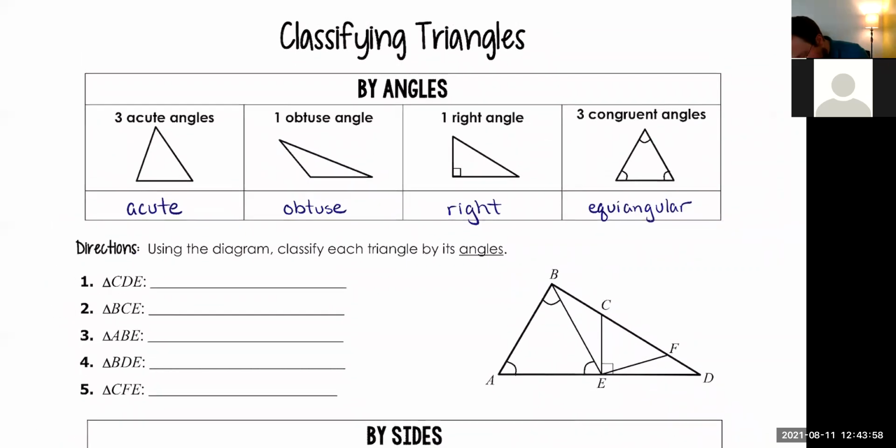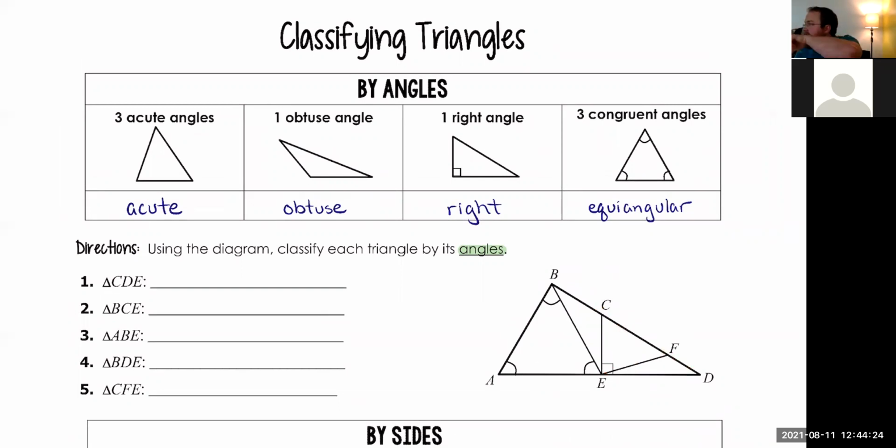So the diagram here, if we were looking at this picture, we're going to classify each of them based off of their angles. Let me highlight that there so it stands out. As we look here, the first one is triangle CDE. So if I'm following those corners around C, D, E, it would be a right.